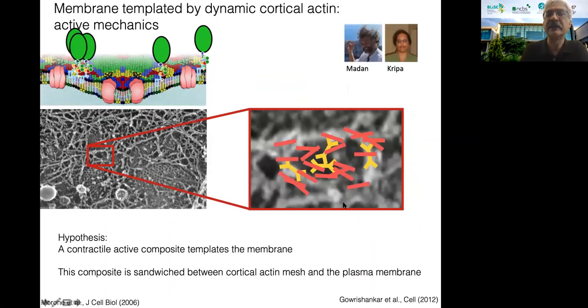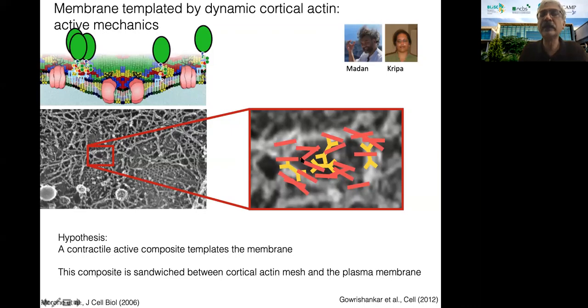So it was at this time that Madan and Kripa began looking at this data and said, look, what must be going on is that the molecules in the inner leaflet of the membrane must be engaging with very dynamic elements of this actin cortex, and that those dynamic elements are indeed going to give rise to stresses on the membrane, which will drive molecules to form these clusters actively.